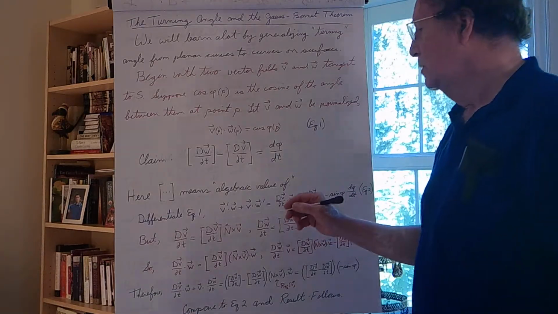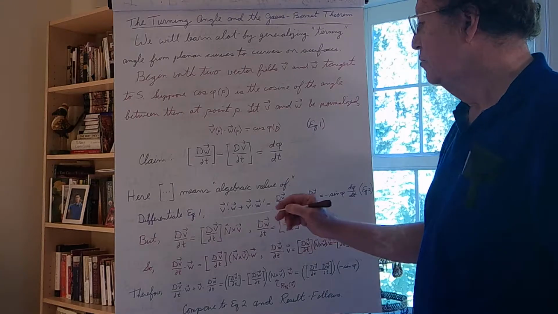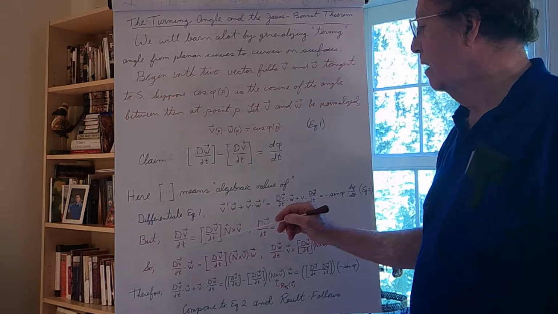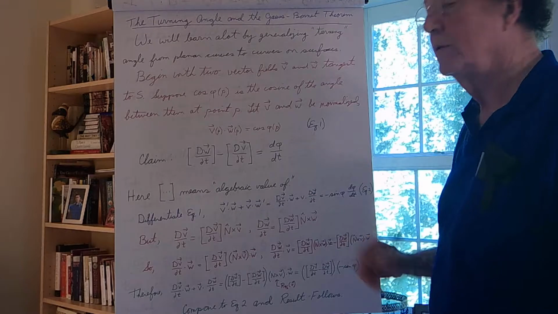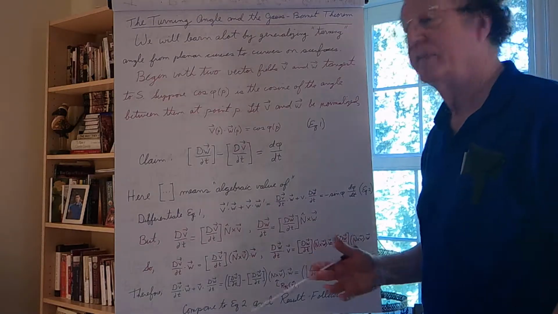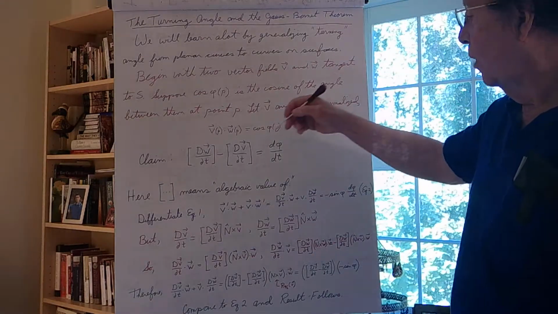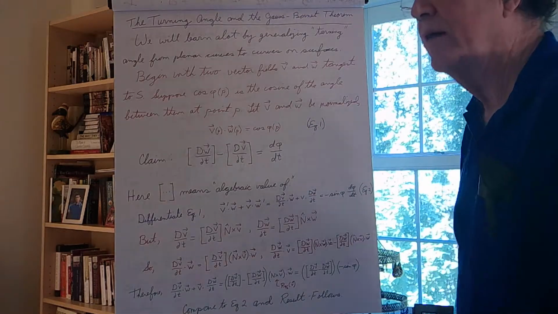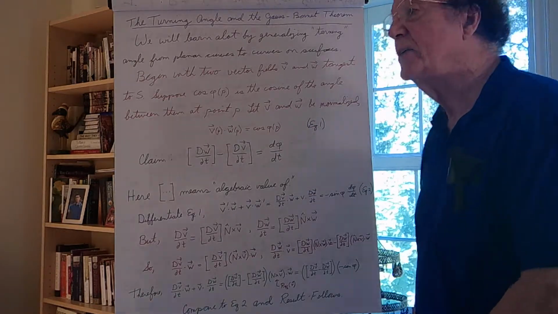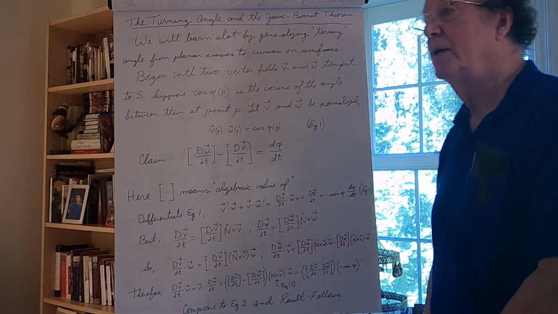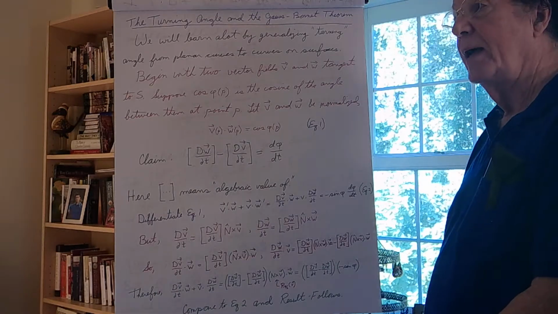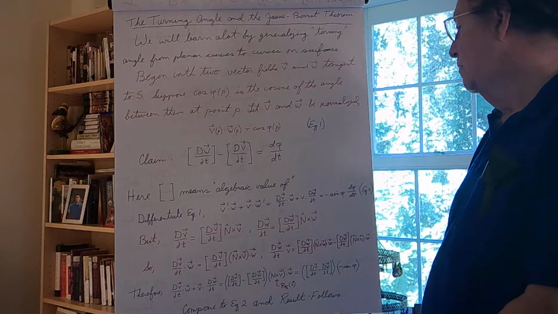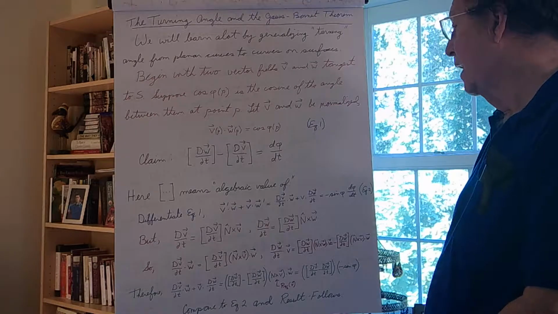Here I'll write that the covariant derivative of v is the magnitude of the covariant derivative times its direction. Well, what is its direction? The covariant derivative lives in the tangent plane, so it's perpendicular to the normal. And it's also perpendicular to the original vector itself.